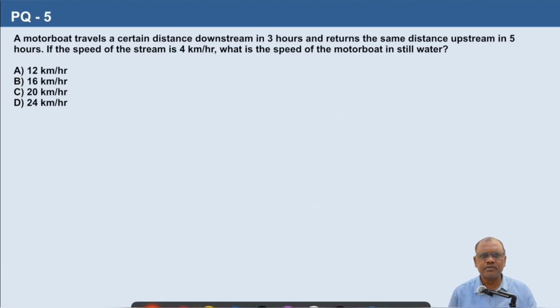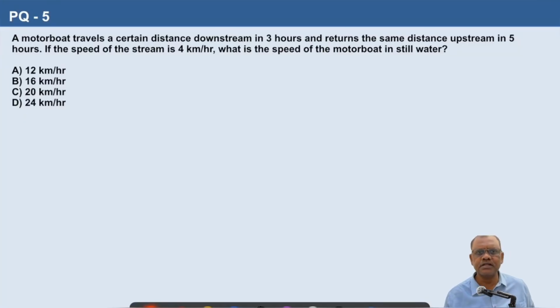Question number 5. A motorboat travels a certain distance downstream in 3 hours and returns the same distance upstream in 5 hours. If the speed of the stream is 4 kilometers per hour, what is the speed of the motorboat in still water?